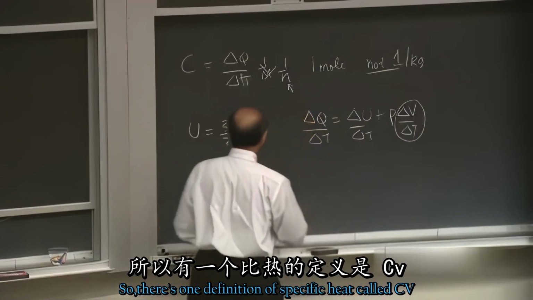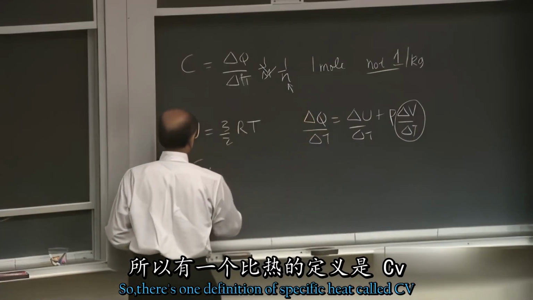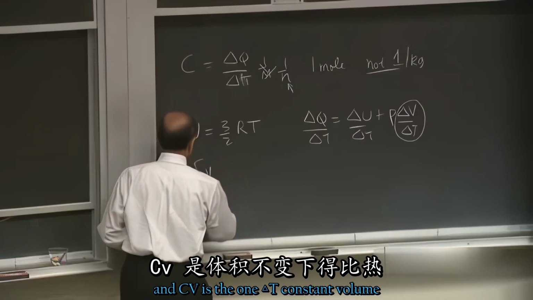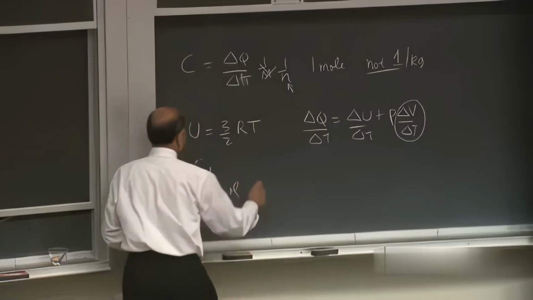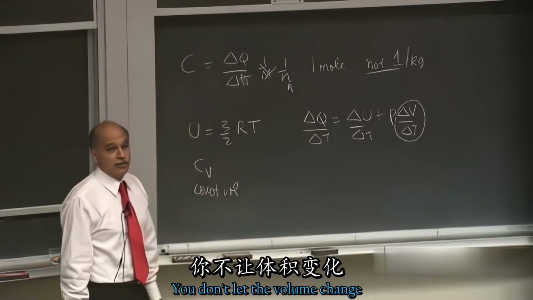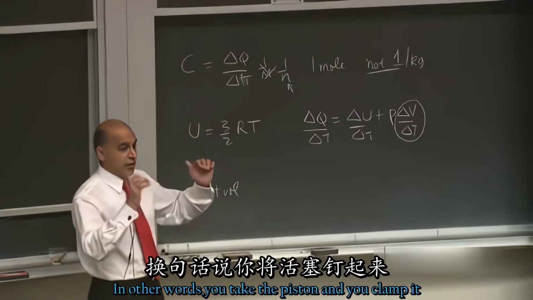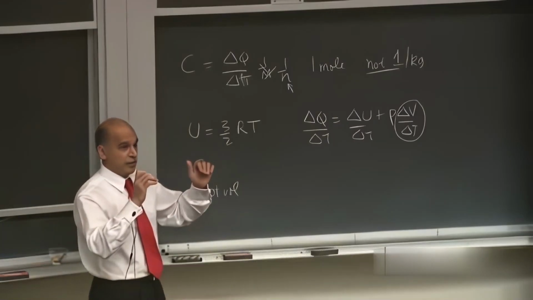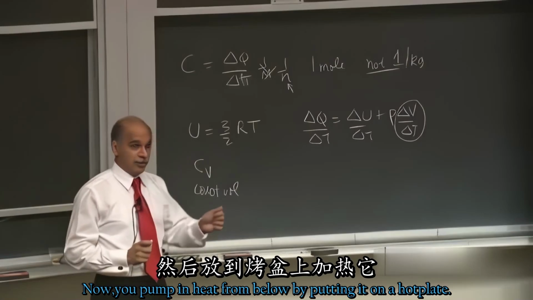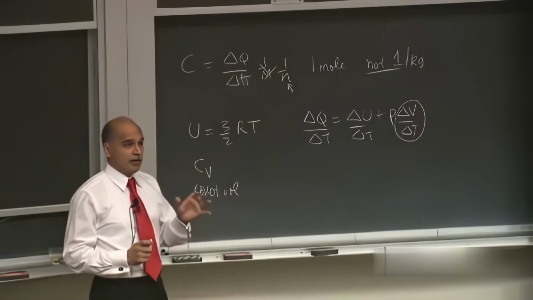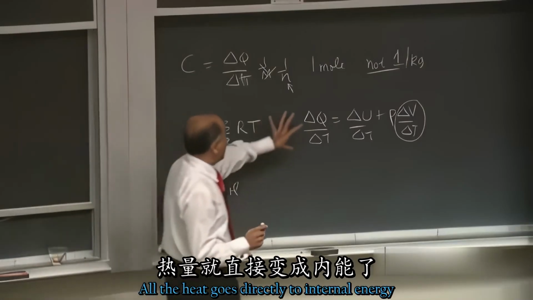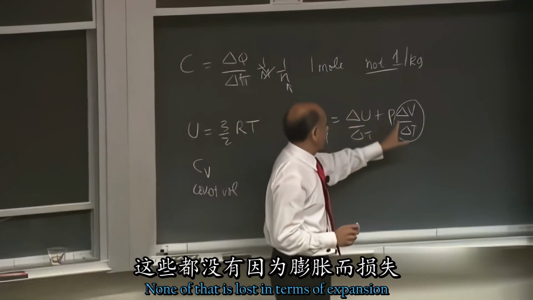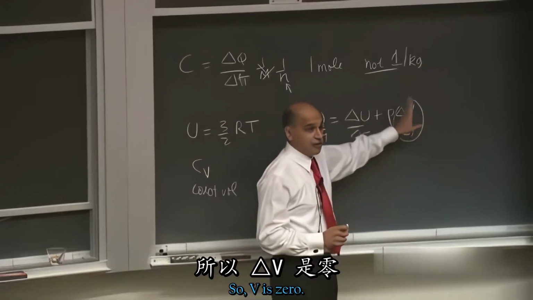So there is one definition of specific heat called CV, and CV is the one at constant volume. You don't let the volume change. In other words, you take the piston and you clamp it. Now you pump in heat from below by putting it on a hot plate. All the heat goes directly to internal energy. None of that is lost in terms of expansion. So delta V is 0.